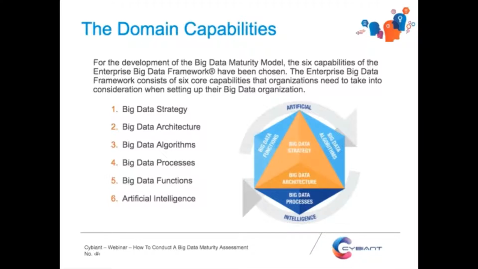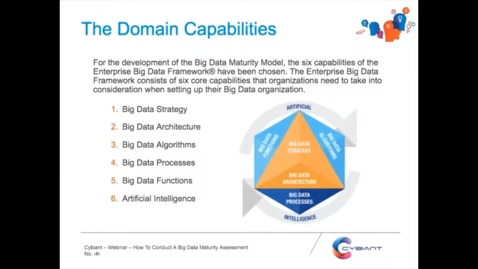Because in the end, making decisions based upon the data is really what determines success. So the people component and the culture component is as important in the assessment as anything else. You really need to make sure that you have the hearts and the minds of the people involved in order to be successful in this area.